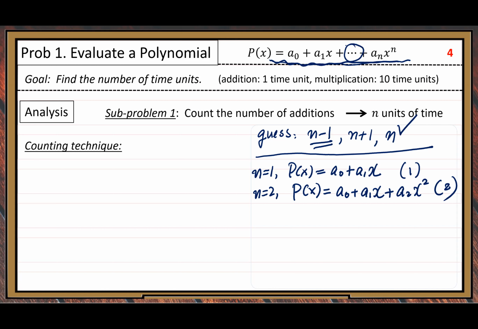But the question is, there are so many terms, and we use ... to represent a large number of intermediate terms, because we cannot write all of them out. But when you use ..., how do you keep track of all the terms? If you cannot keep track of all the terms, how do you count all those plus signs?